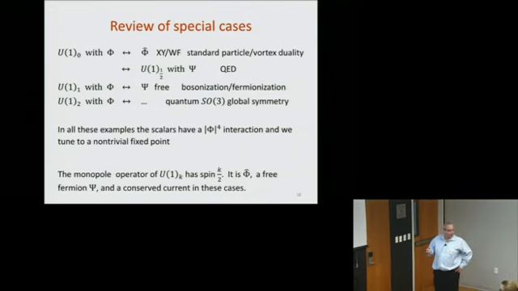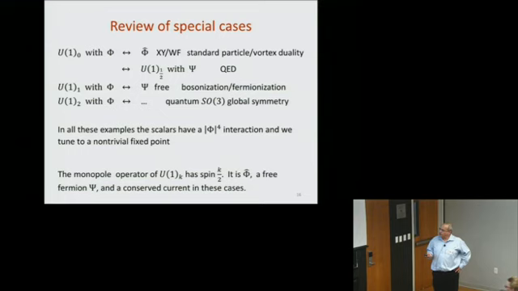And let's identify it on the other side. In particle-vortex duality, the monopole operator from here has spin 0, and that's the order parameter of the XY model. So that's a scalar field. Here, the monopole operator has spin 1/2, and it's the free fermion on the other side. We said it last week, and we said it again today.